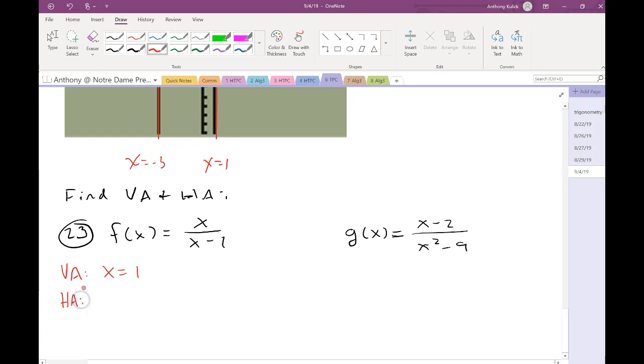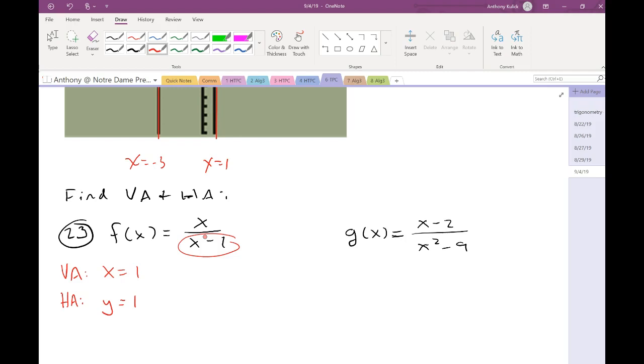And what did we find for the horizontal asymptote? Okay, horizontal should be y equals, and then the 1. So for the vertical asymptote, we just said x minus 1 equal to 0 and solve. There's no factoring to do in this problem. Everything was already in reduced form, so there wasn't much to do at the front end of that.